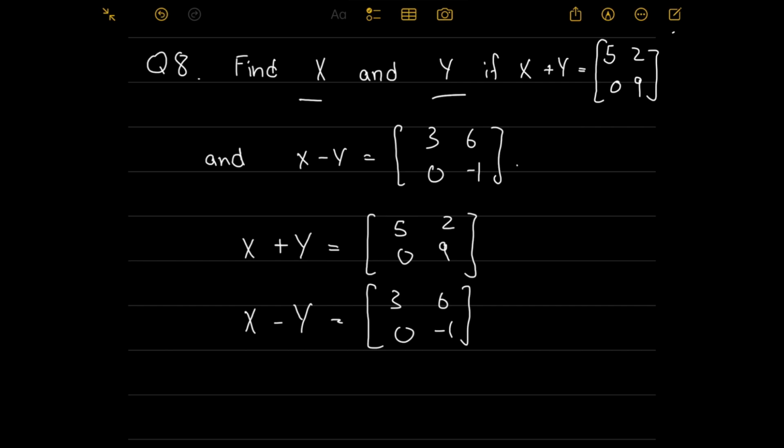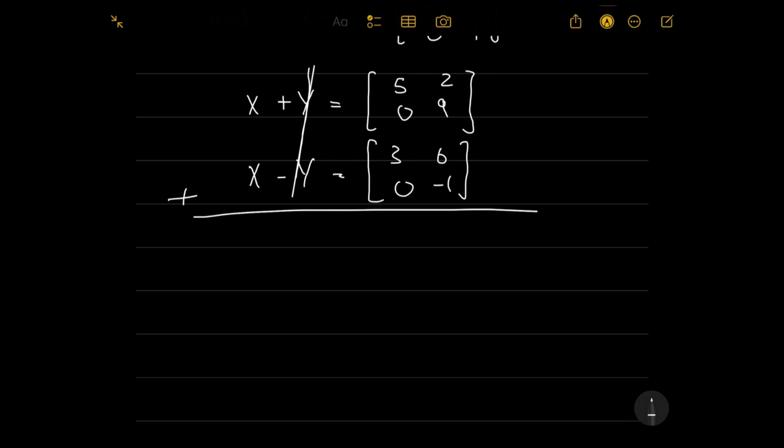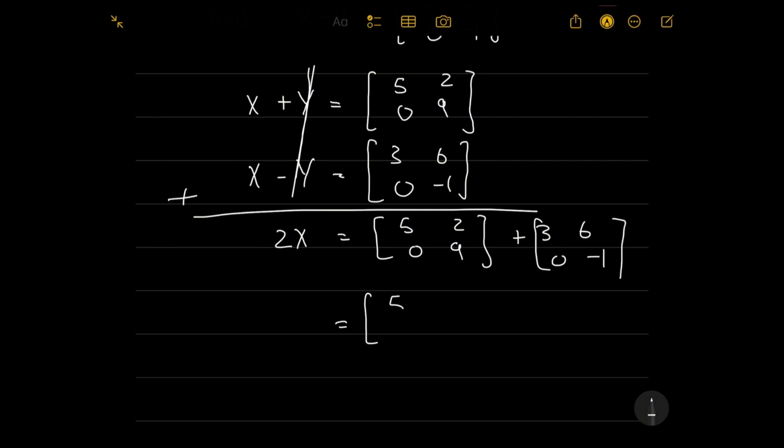I think the better way of finding it is just adding these two equations. So y and y would cancel, so we get 2x equals 5 2 0 9 plus 3 6 0 minus 1.